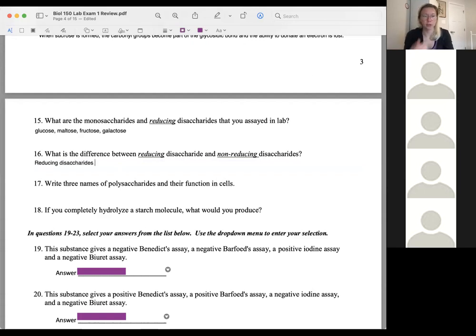Yeah, so reducing disaccharides had an accessible carbonyl group. That carbonyl group wasn't taken up in some kind of chemical bond. It was still available to donate an electron. And I'm just reminding you here what that carbonyl is. It's that C double bond O.